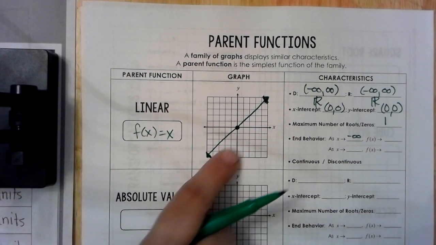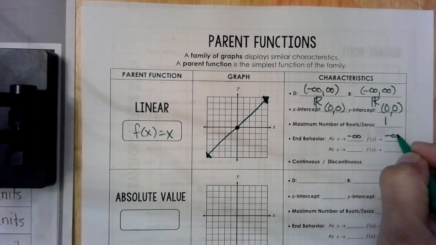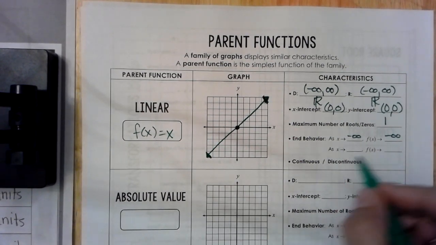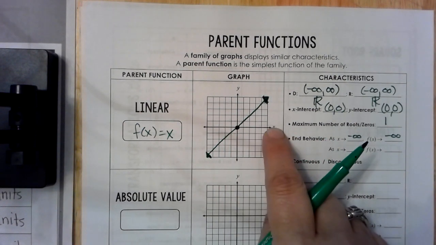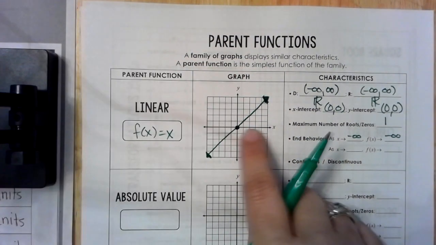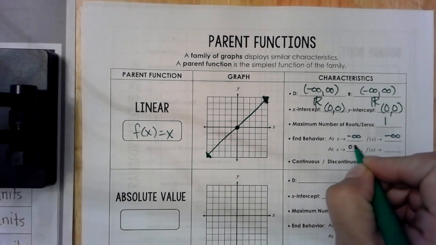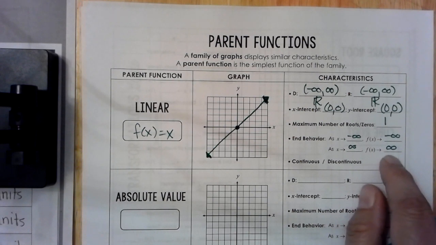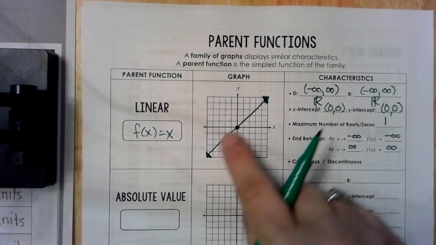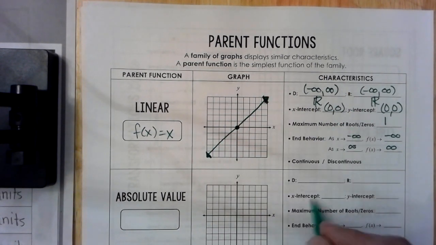Well, my y's are moving down to negative infinity. As I go to the right, as my x's get bigger, my y's are going up. As x gets closer and closer to infinity, y's get closer and closer to infinity. And because this does not have a break anywhere on it, it is continuous.